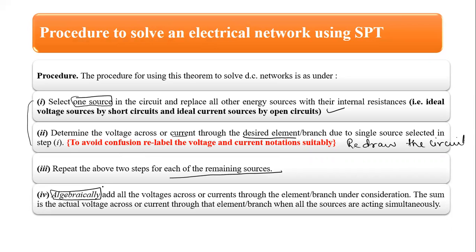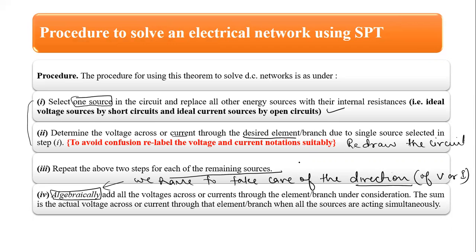When we say add them algebraically, we have to take care of the direction of V or I, right?